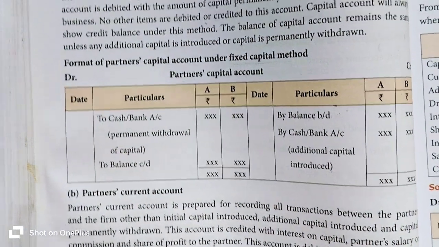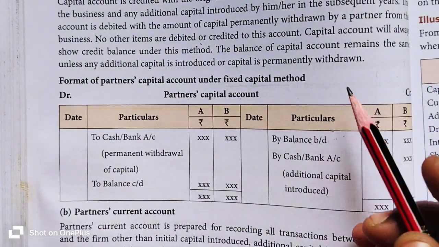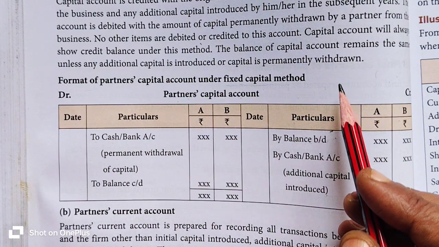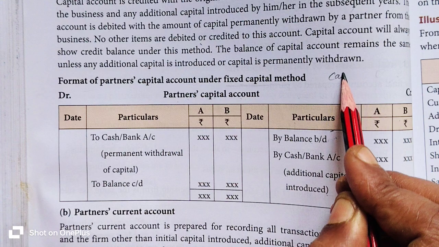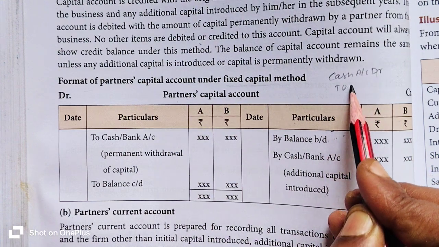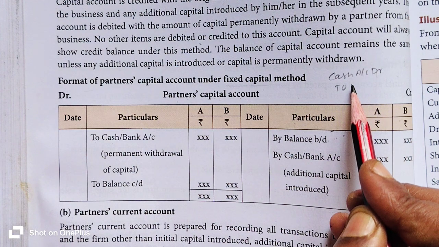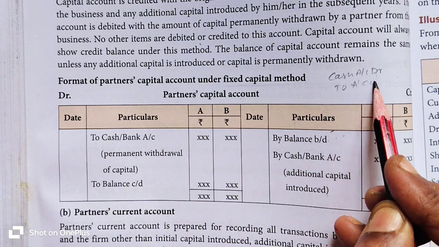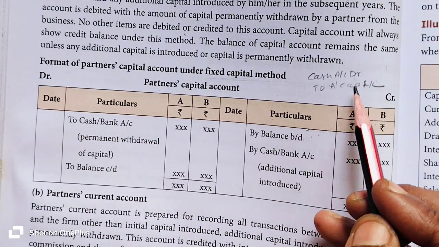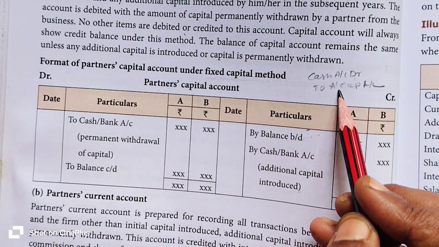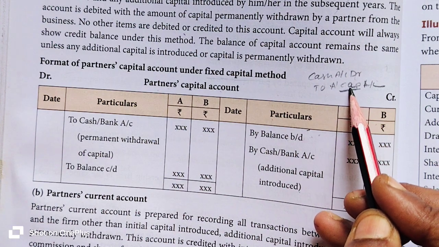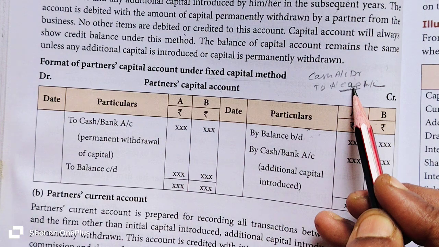Say, for example, how will you pass the journal entry for the contribution of capital? Cash account debit to A's capital account. How will you post it in the ledger account? Capital account is on the credit side, right?